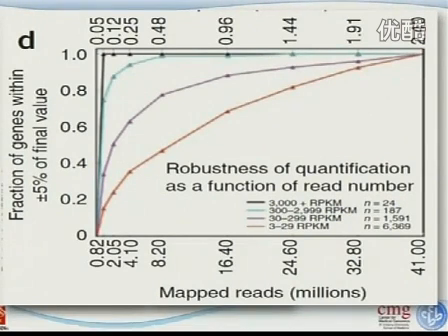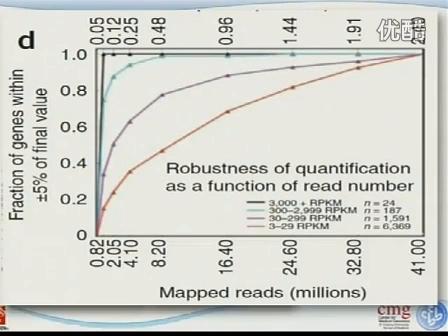So the fraction of genes within plus or minus 5% of the final value is 100%. However, the blue one is 300 to 3,000 RPKM, and you can see that it starts to tweak a little bit, and you can get 100% accuracy once you get about 8 million mappable reads.